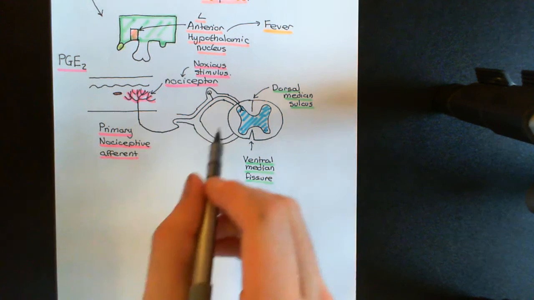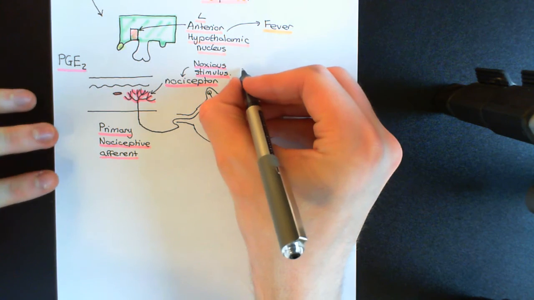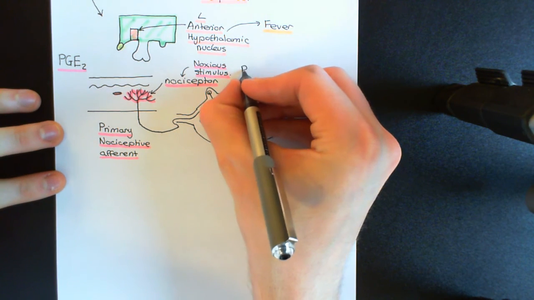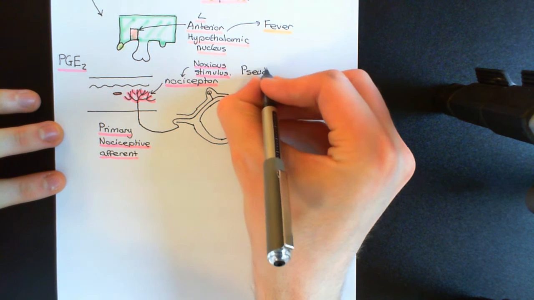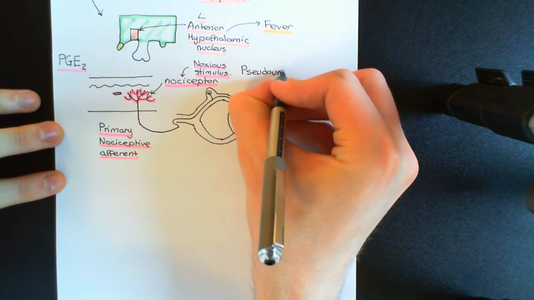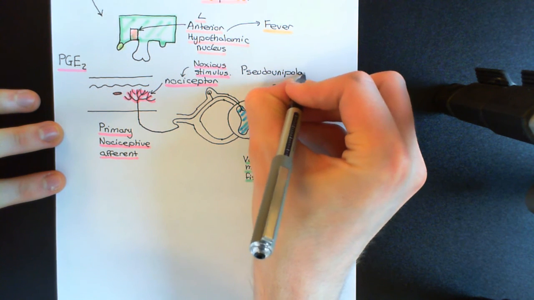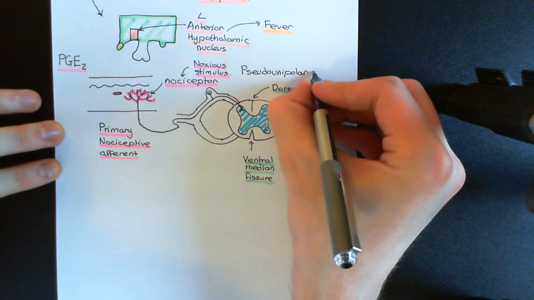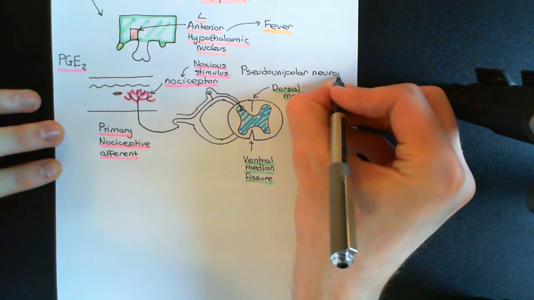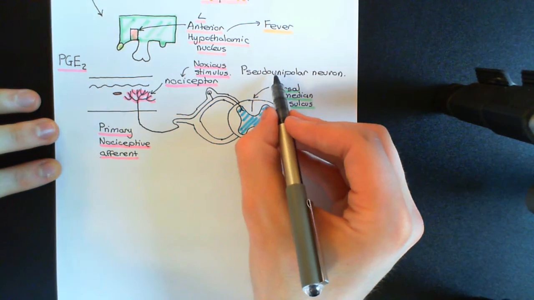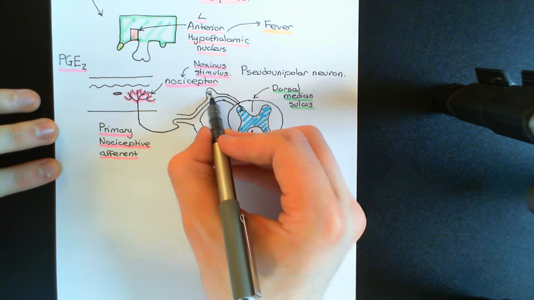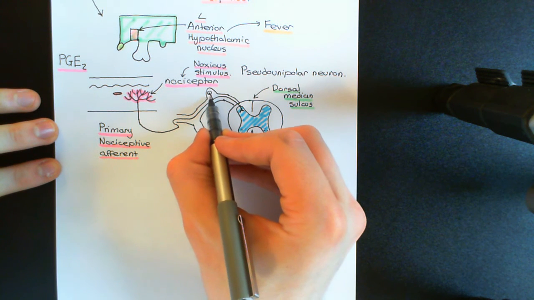So all of this is the primary nociceptive afferents, and primary nociceptive afferents are known as pseudo-unipolar neurons. So this is the description of the type of neuron that we're dealing with here. It's known as a pseudo-unipolar neuron or a pseudo-unipolar nerve cell. The reason it's called that is that unipolar means there is a single process coming off the cell body, like so.